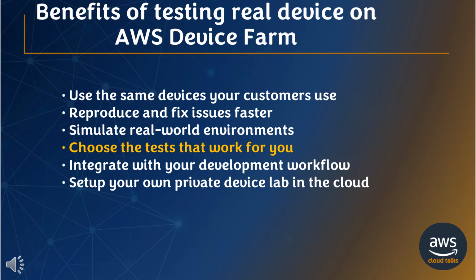You can run AWS built-in test suites, no scripting required, or customize your tests by selecting from open-source test frameworks like Appium, Calabash, and Espresso, and other supported frameworks. You can also perform manual tests with remote access.